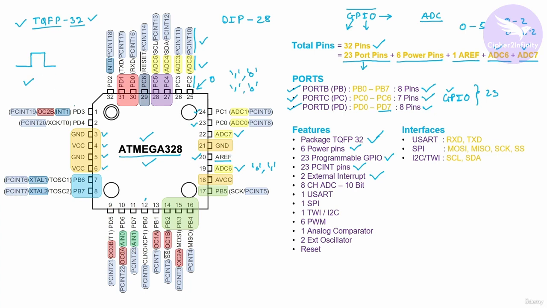But in case of the external interrupt pin, when you provide this kind of signal, the interrupt will be generated obviously whenever there is a change in logic, and also on the rising and falling edge. That extra feature comes with the external interrupt.